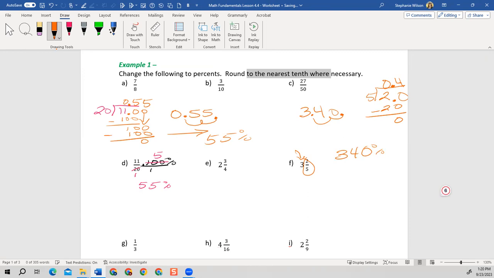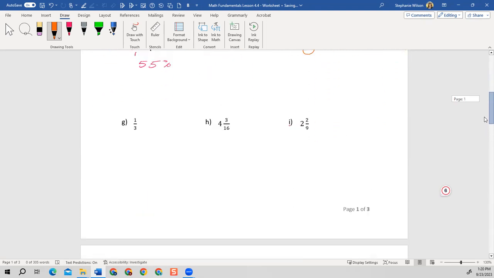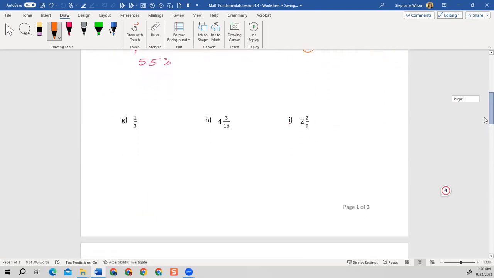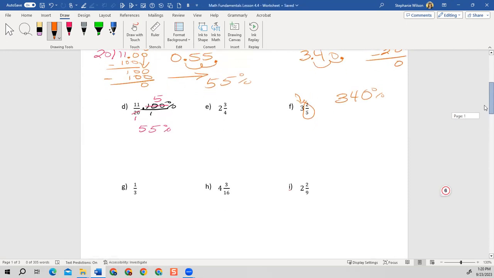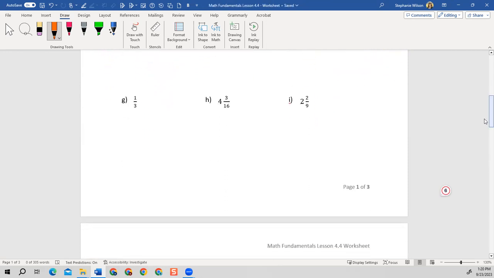We can do it that way, or you can put it as an improper fraction, multiply by the 100%, and then reduce. Let's do I, because we solved it as a decimal. Let's do I as a fraction. That means we're going to convert it to an improper fraction.